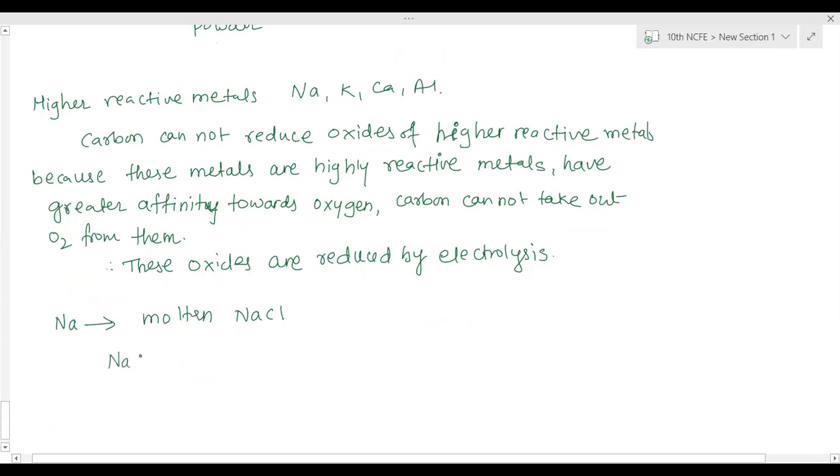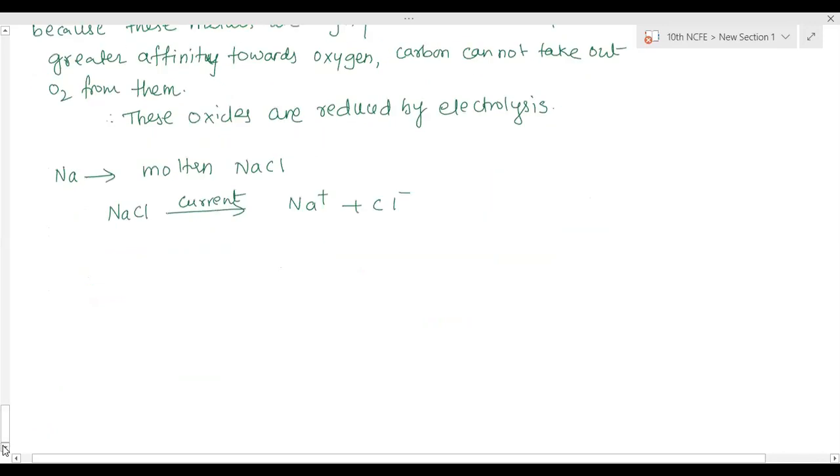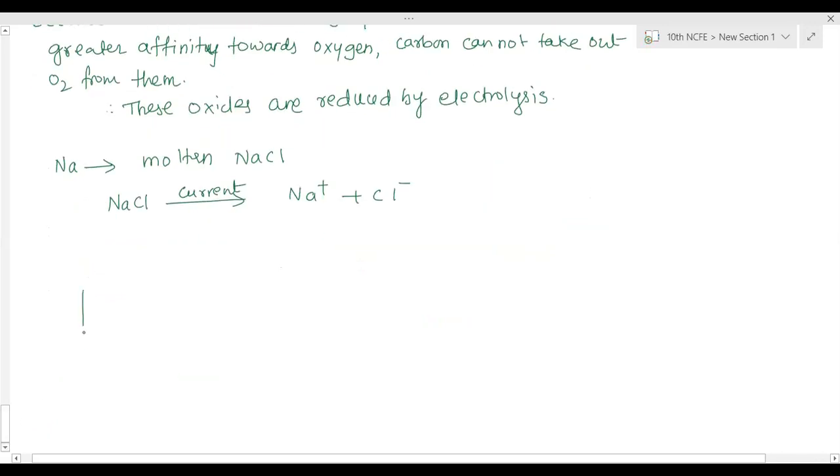When electric current is passed, it will decompose first to form sodium and chloride ions. This molten sodium chloride is taken into the electrolytic container. It will take time, so better I will explain you tomorrow, because aluminium and this together I need to explain.